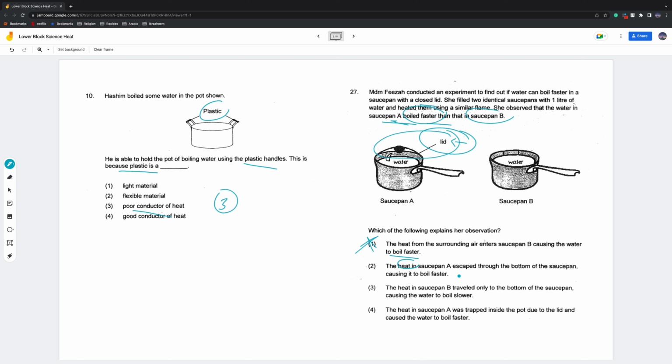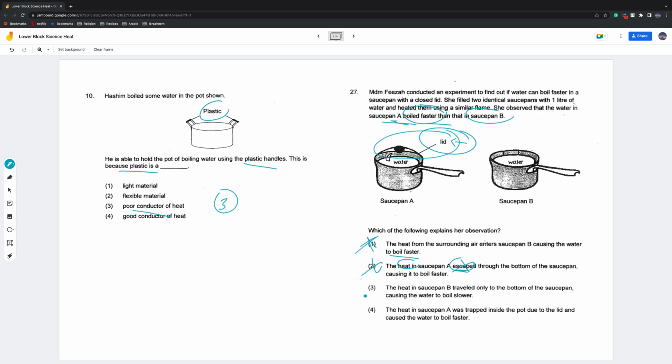We don't say heat escape. Basically, this is totally wrong. Remember, in this topic, the key phrases are gain heat, lose heat, or conduct heat. We don't talk about escape or any other thing. We just focus on those three key phrases.